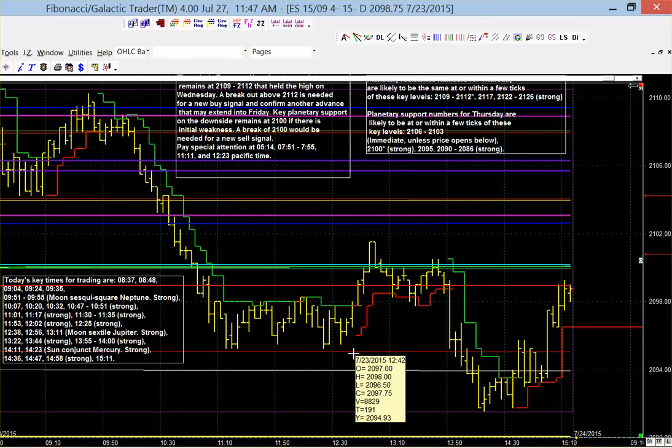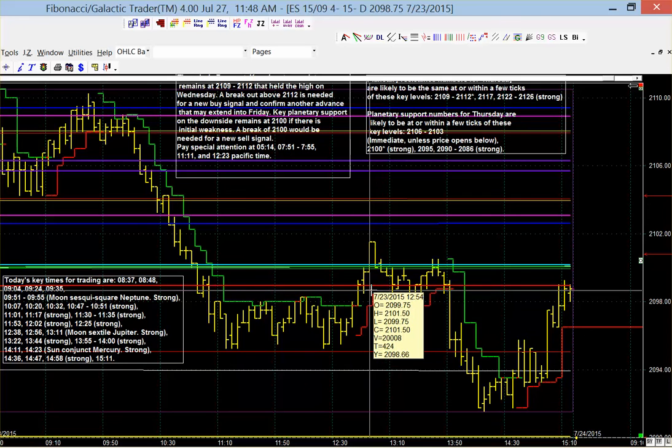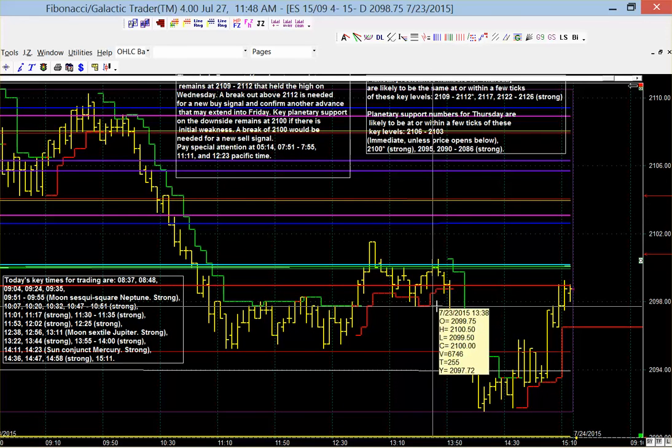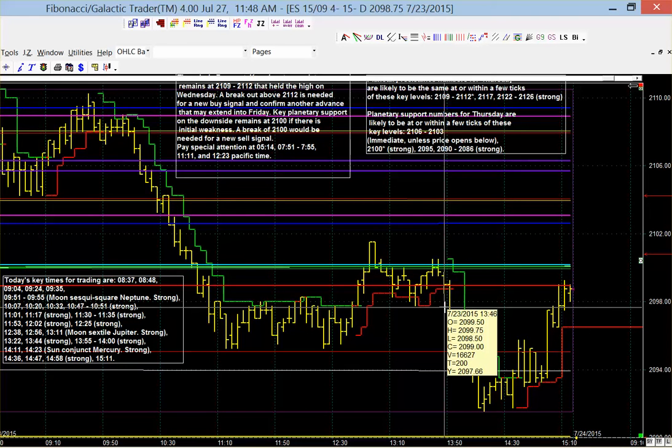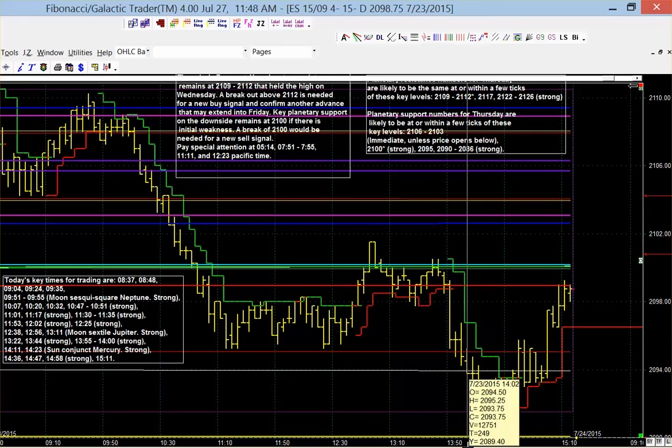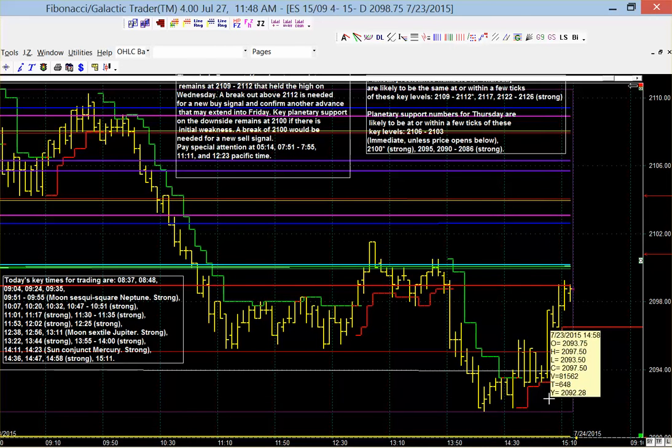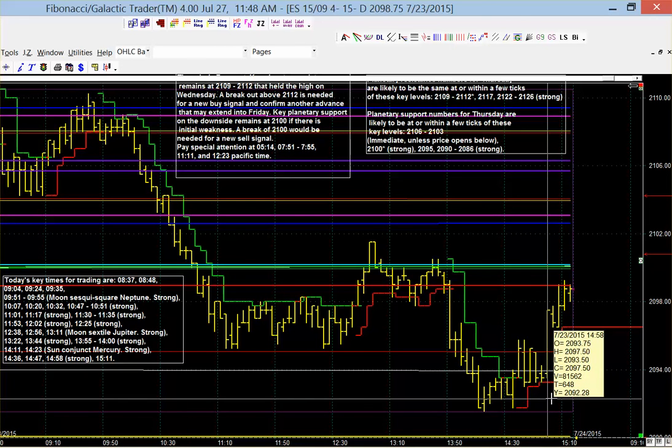There was a good buy signal here at the 12:38 time on this bar here at 12:42. We got an intraday top here at 12:56. We got a retest at 2100, key new planetary resistance, and a strong time came in at 13:44 for a good reversal down, and then a strong reversal up at the 14:58 time.